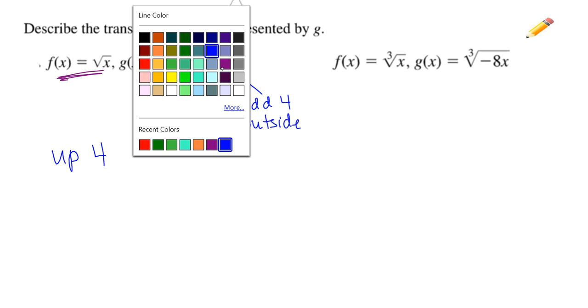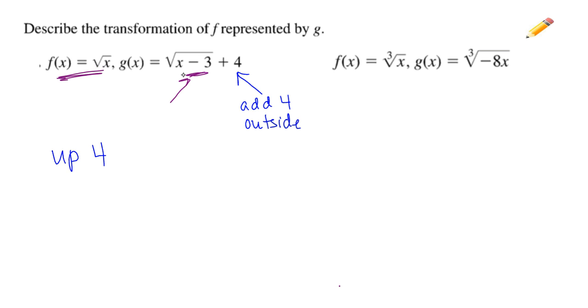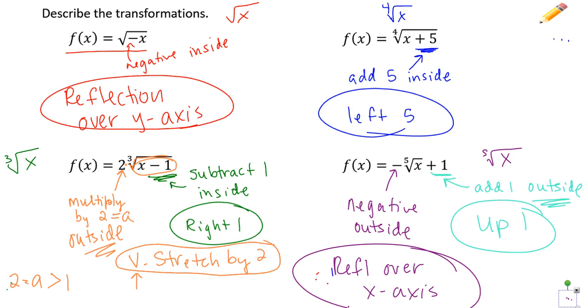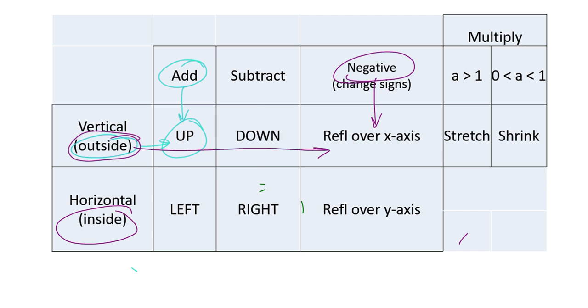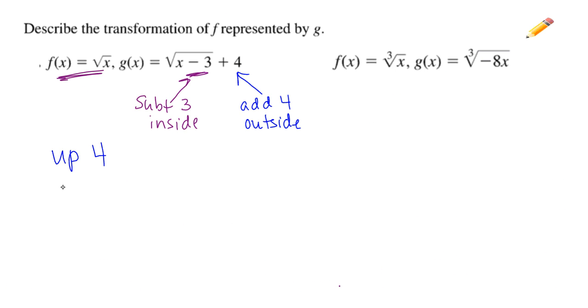This other change, now we are subtracting 3 inside. It's underneath the radical, it's inside, so you can't remember that one, so we got to go to our cheat sheet: inside, subtract, means we actually went right. So we would say right 3.